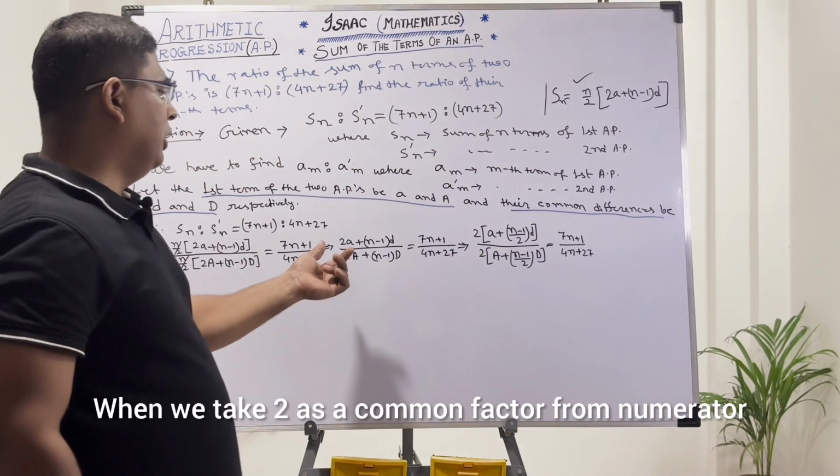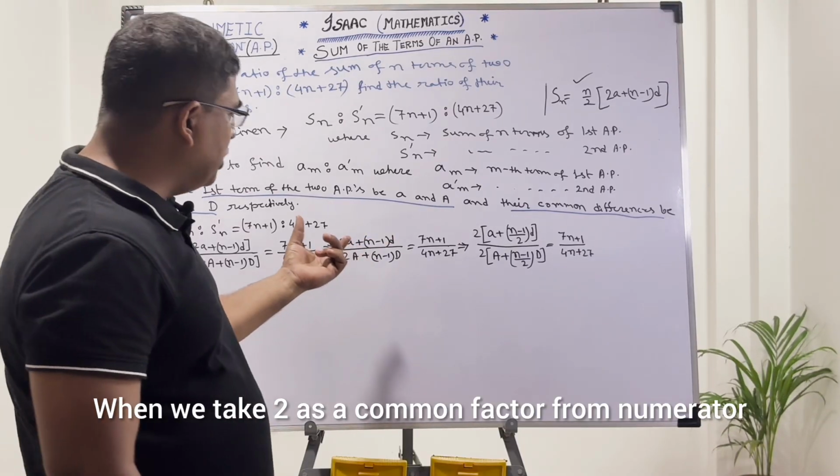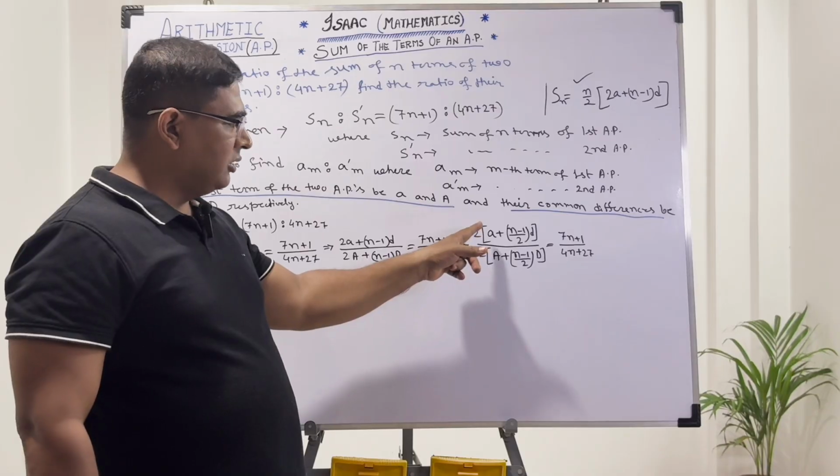Okay. When we take 2 as the common factor from numerator and denominator, we get this.